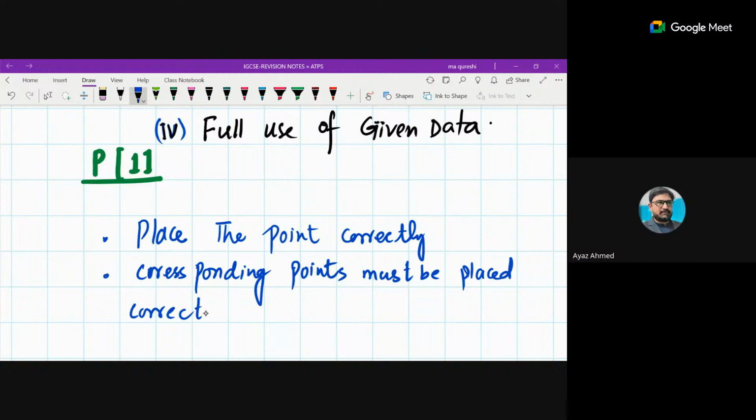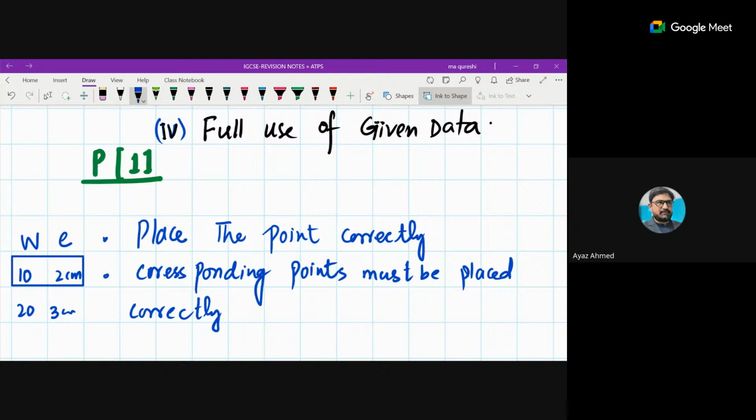For example, if weight and extension are given in the table, and for 10 Newton load the extension is, let's say, 2 centimeter, and for 20 it is, let's say, 3 centimeter, you are supposed to place the corresponding values of 10 and 20.